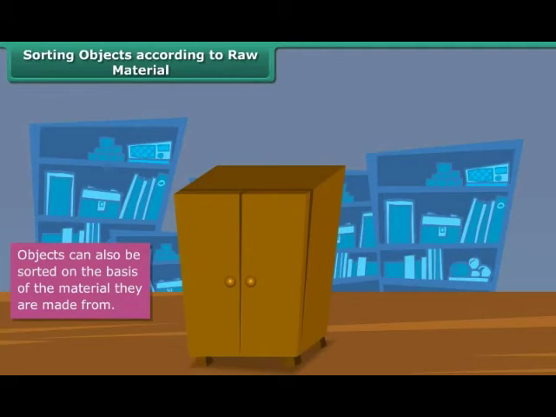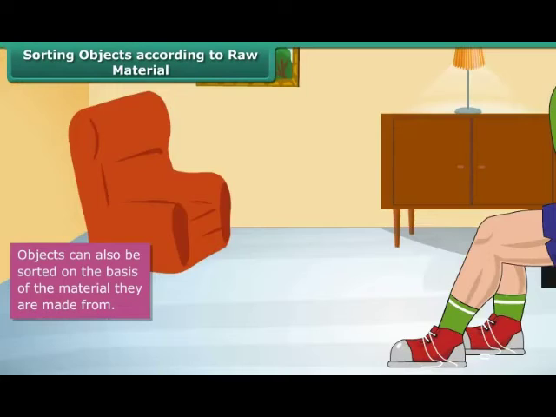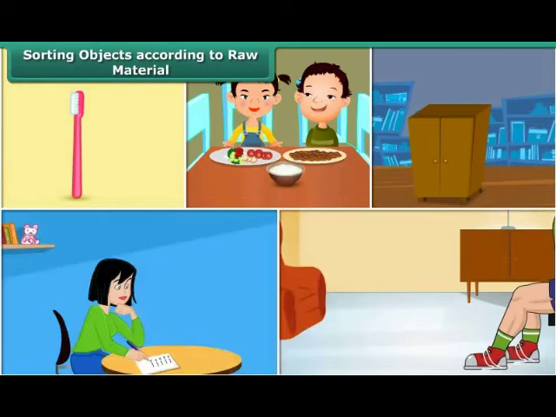The cupboard you keep your books or clothes in is made of iron or wood. The books that you read are made of paper. The shoes you wear are made of leather, canvas or resin. Thus, all the objects that we use in our day-to-day life can be classified on the basis of the raw materials used in making them.